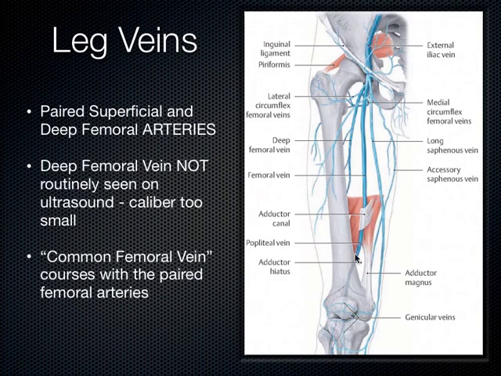And then it pops out of that canal and goes behind the knee and turns into the popliteal vein. Okay, so it courses down here, starts off as the common femoral vein, and then there's a little deep branch, the profundus, or the deep femoral vein that goes down. It's a very small caliber vein. It's sort of not of that much clinical significance usually.